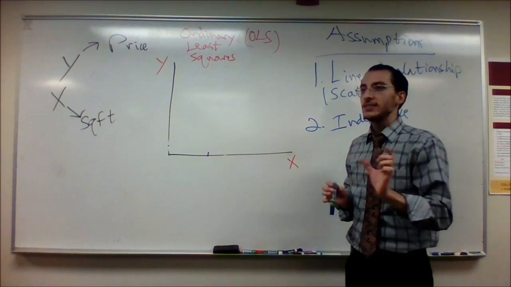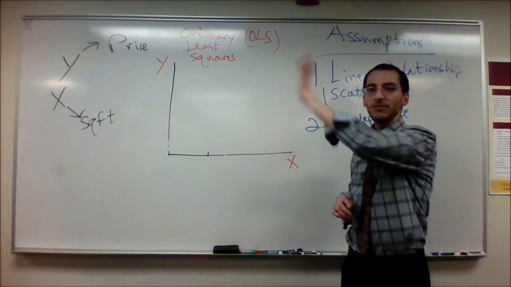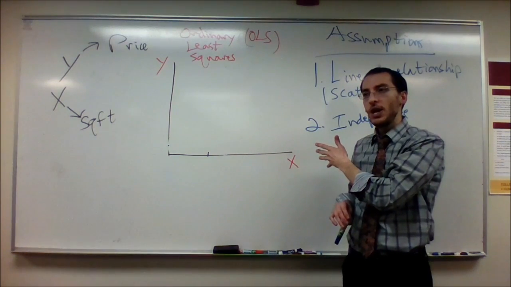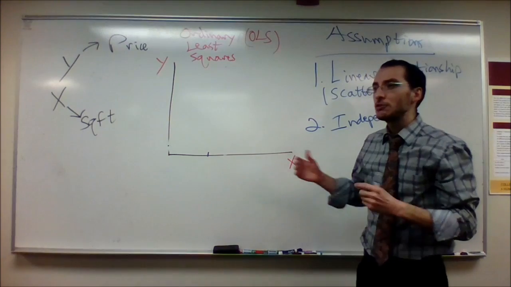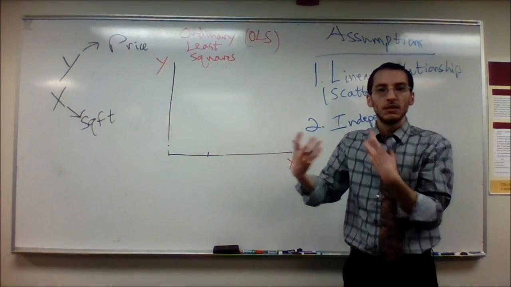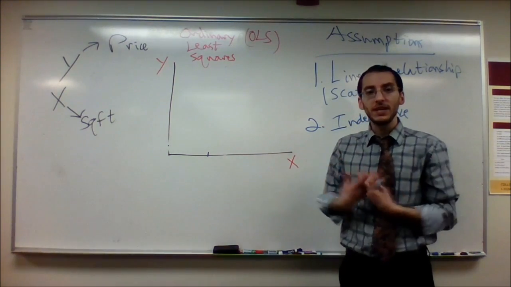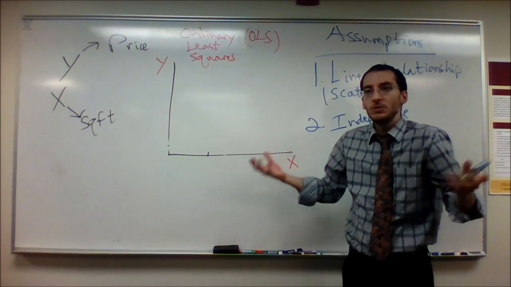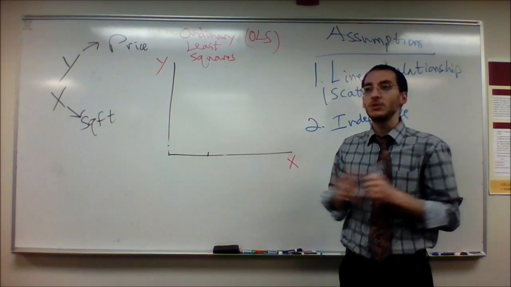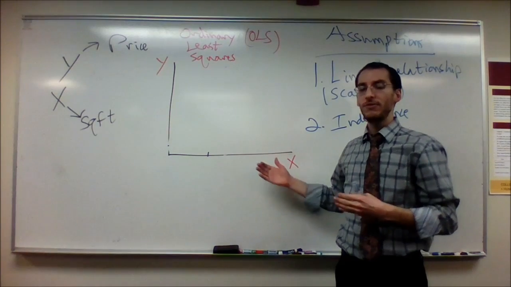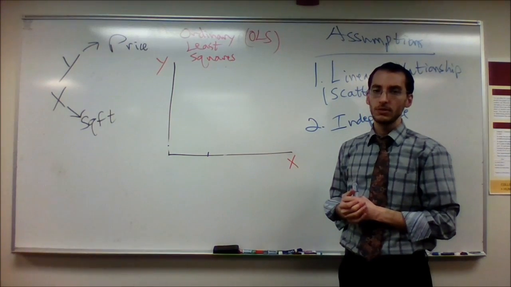We don't want the price of one house influencing the price of another house. If it is, then it's introducing dependence between our observations. It's introducing dependence between our housing prices. And that's not accounted for when we do linear regression.